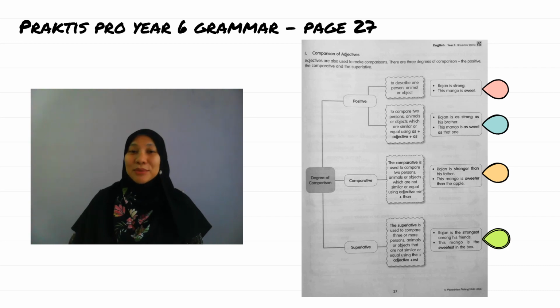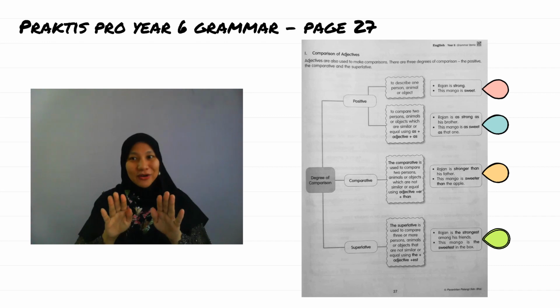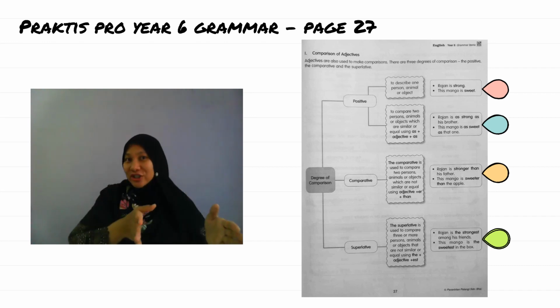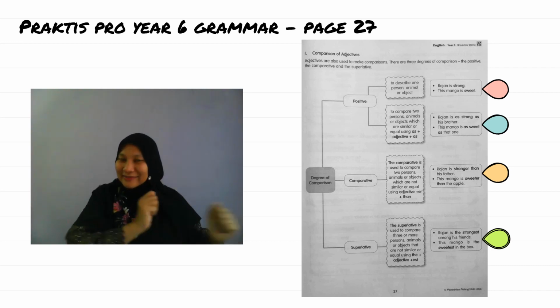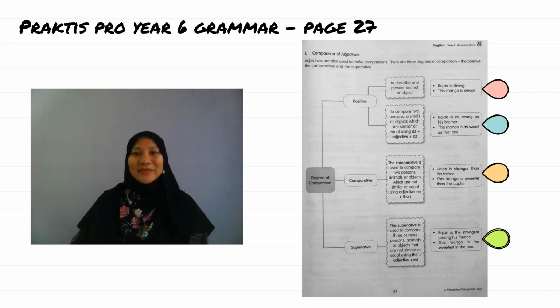For the next, blue point, to compare two persons or two animals or two objects which are similar or equal, using as, adjective, as. The keyword is similar or equal.